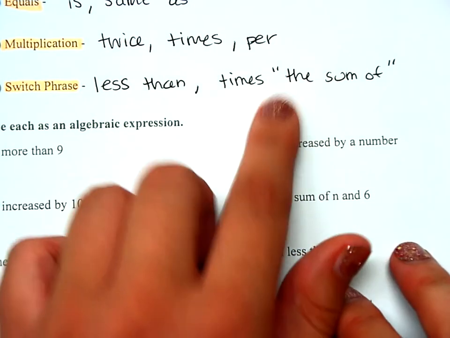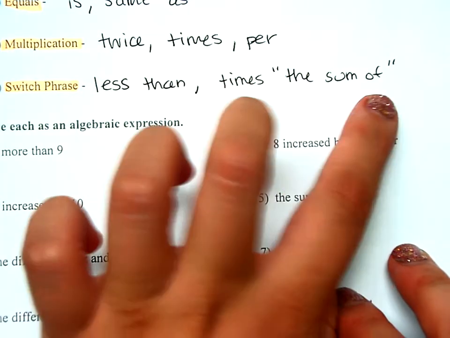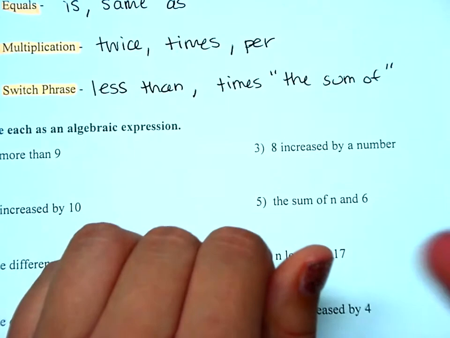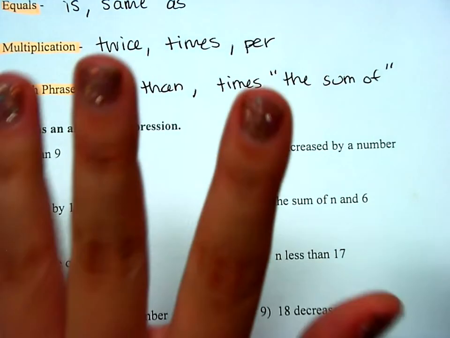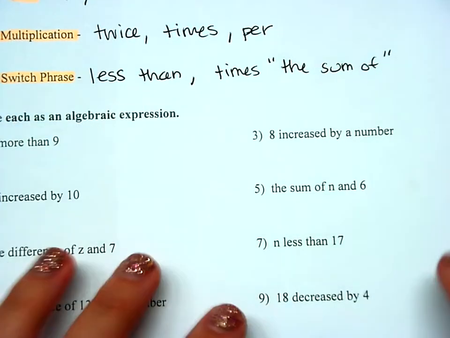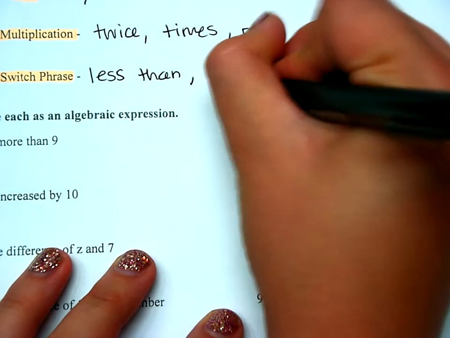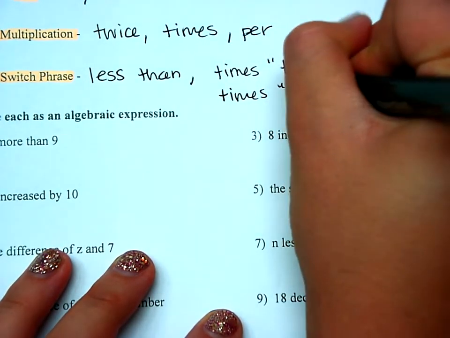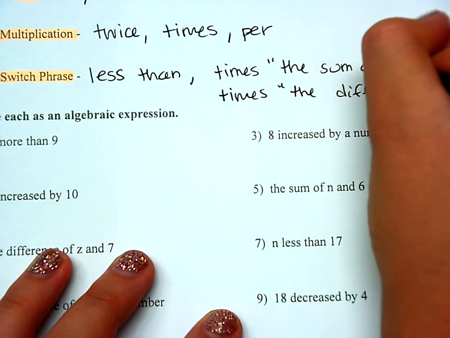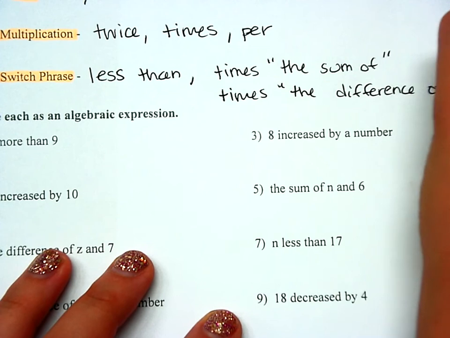So when you see times the sum of, then after that you're going to switch the order, and again, you'll see examples of these. I just want to get them down. And then you might also see times the difference of.